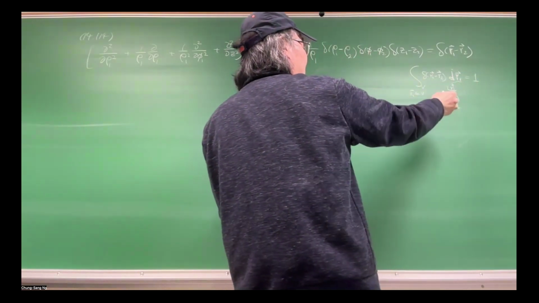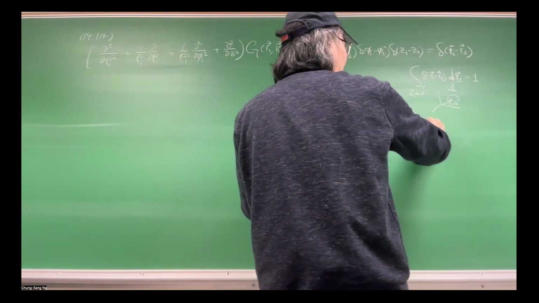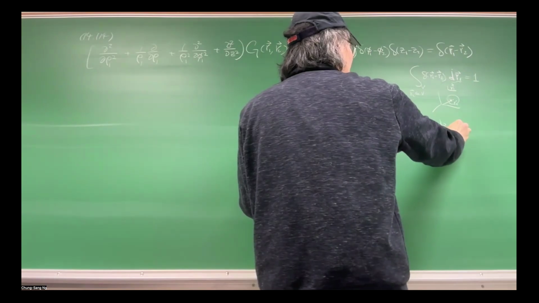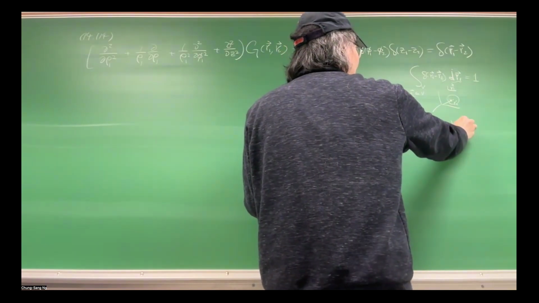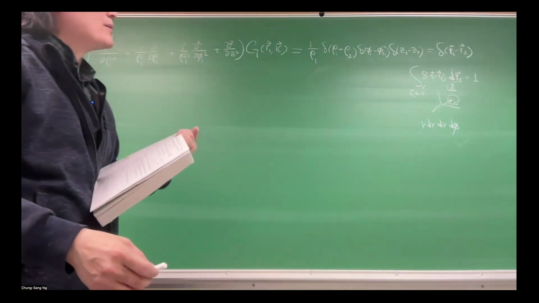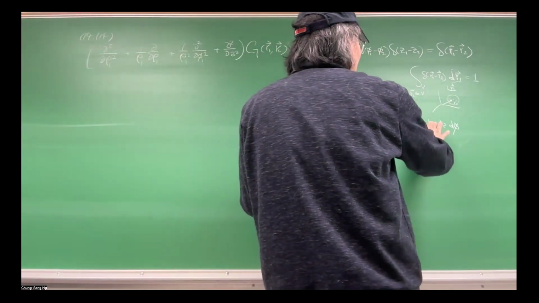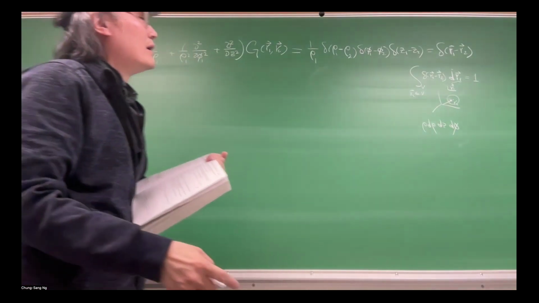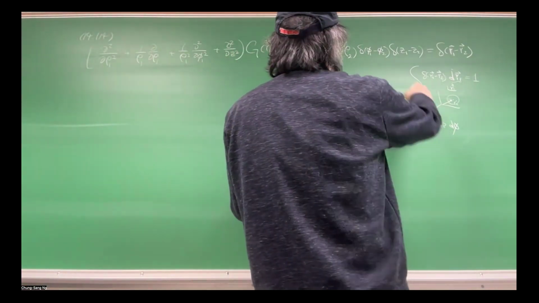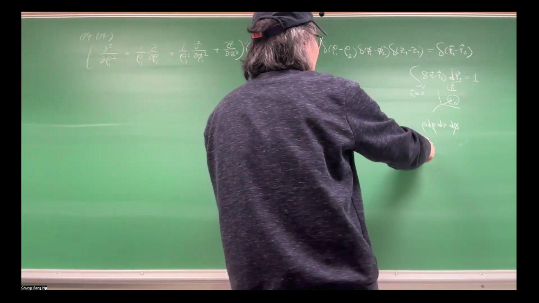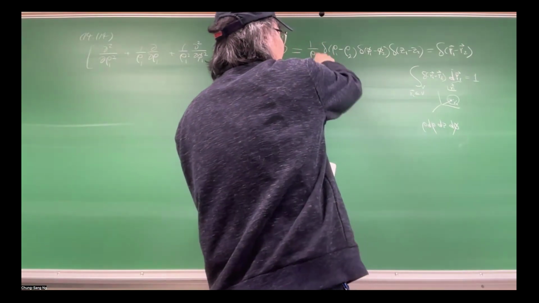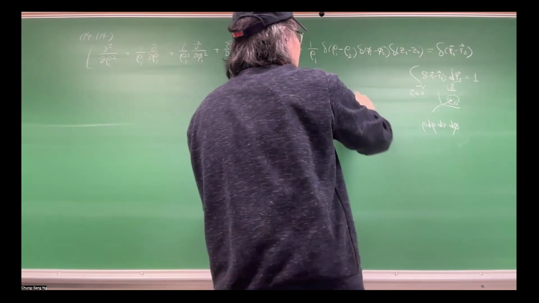The volume element in cylindrical coordinates is rho, d rho, dz, d phi, right? And now you multiply this, so that you require a rho to cancel the rho in the denominator.